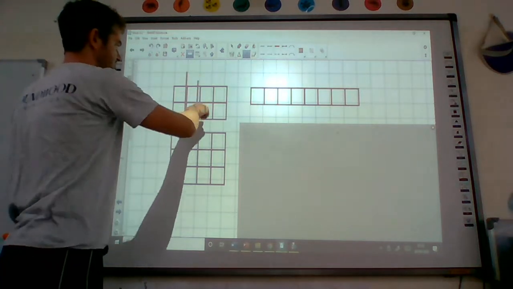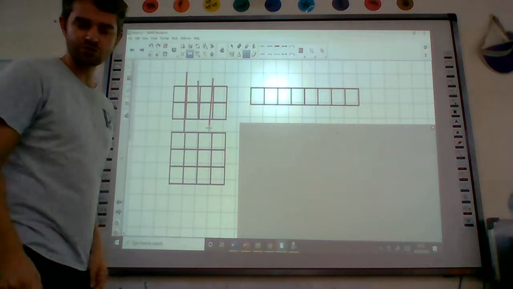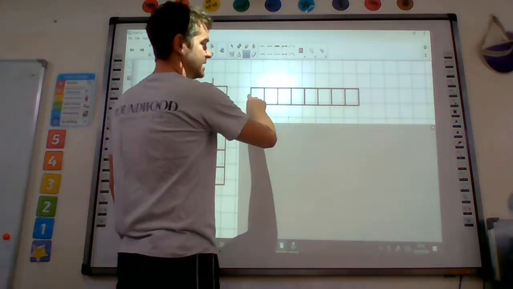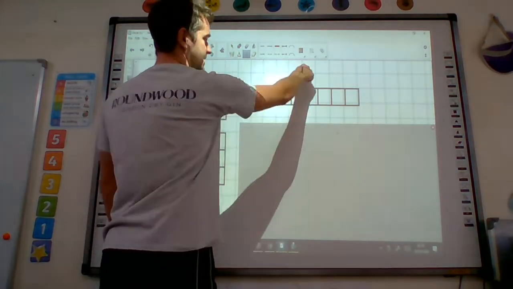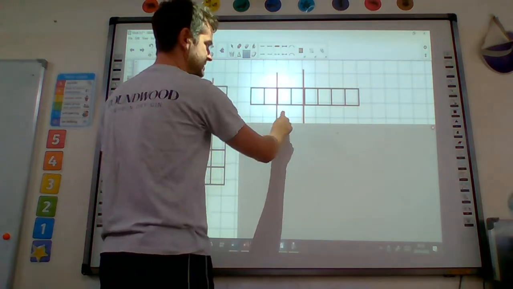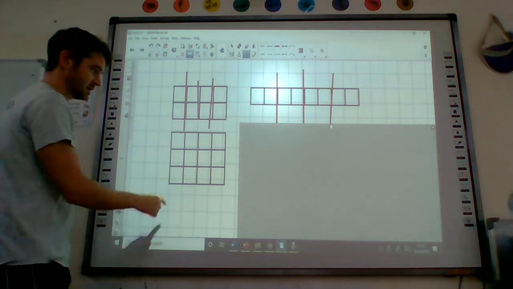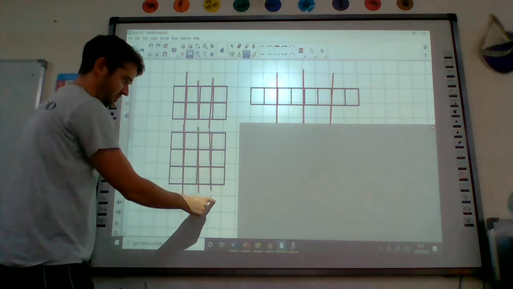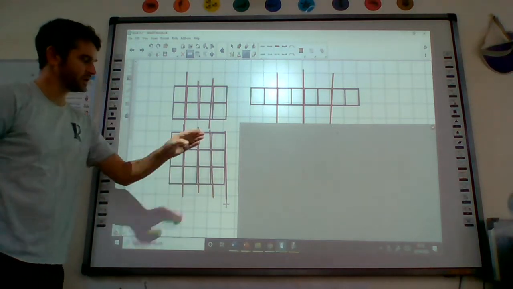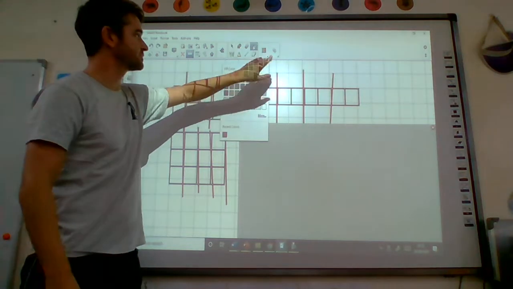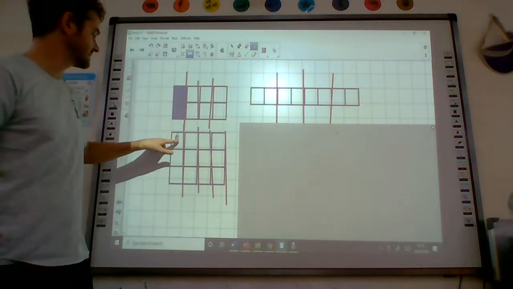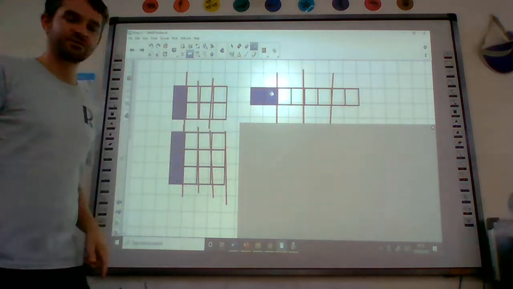Well, I can see 1, 2, 3, 4 groups. Same over here. Even though it's a bit longer, people going in half, and then chopping that in half, and that in half. 1, 2, 3, 4. Or over here, 1, 2, 3, 4. We've got those 4 equal groups. Lots of people were finding that really easy, and then just colouring in one of those groups.